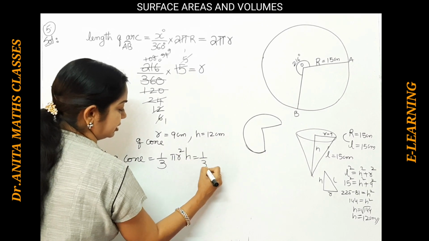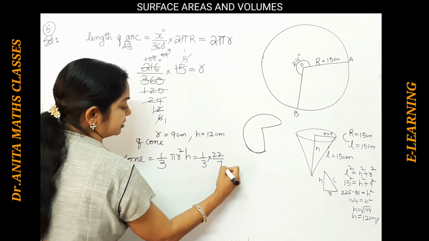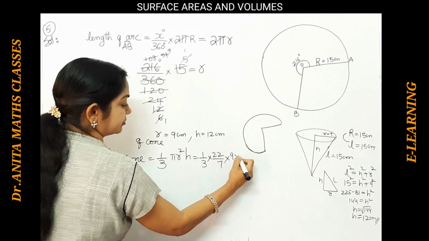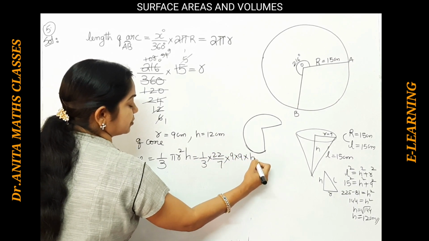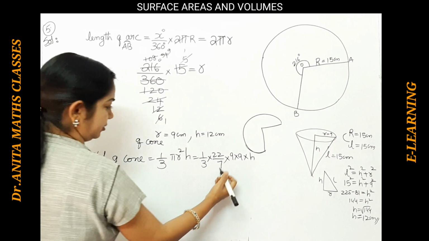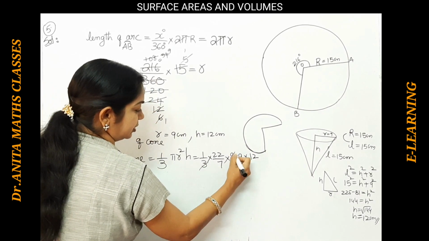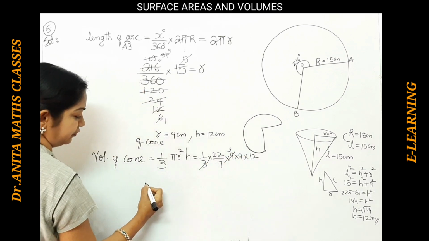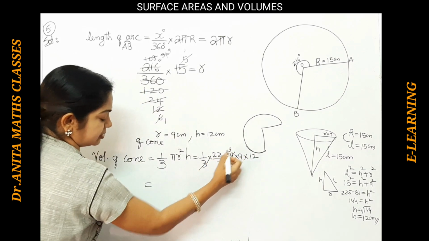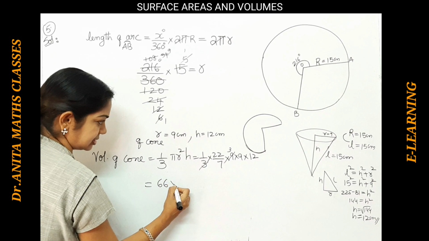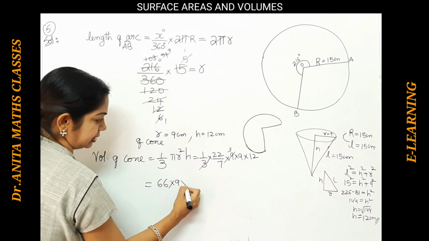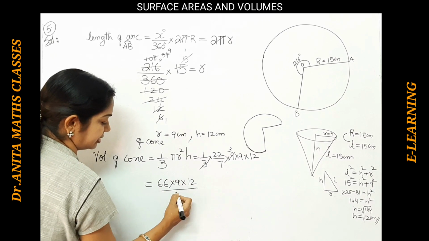So 1/3 into 22 by 7 into r is 9 into the h value. The h value is 12, sorry. So 3 ones, 3 threes. If you do the calculations, 22 into 6, somewhat 66, into 9 into 12 divided by 7.